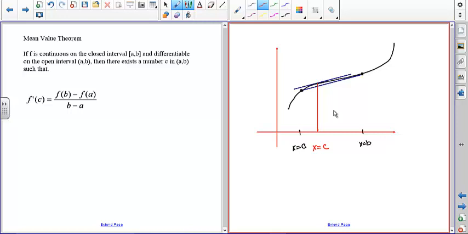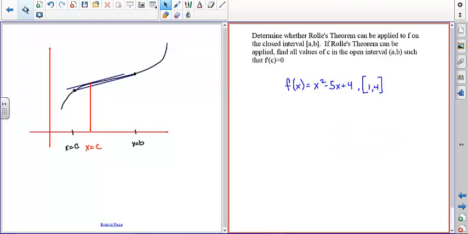It's not that what goes up has to come down, but if you go to a higher slope initially, to get back down to the other point, you have to go to a lower slope than the average. So before this point, the slope is higher than the average, and then these are lower than the average. And somewhere in the middle, it has to be the average.